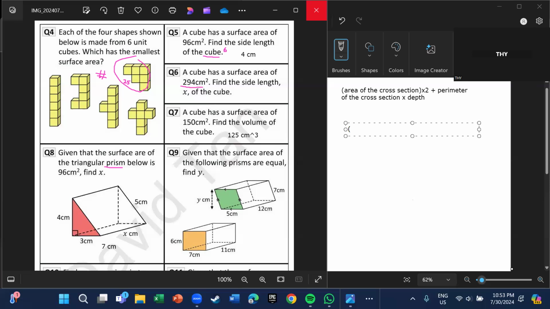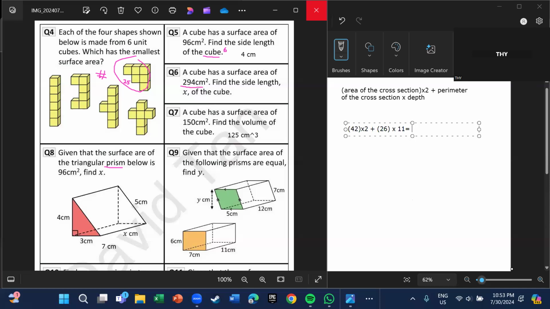So this cuboid here has a cross section area of 6 times 7, which would be 42. Let's check that. Multiply it by 2, add another 6 plus 6 plus 7 plus 7 perimeter, remember, 26, and then multiply it by 11.